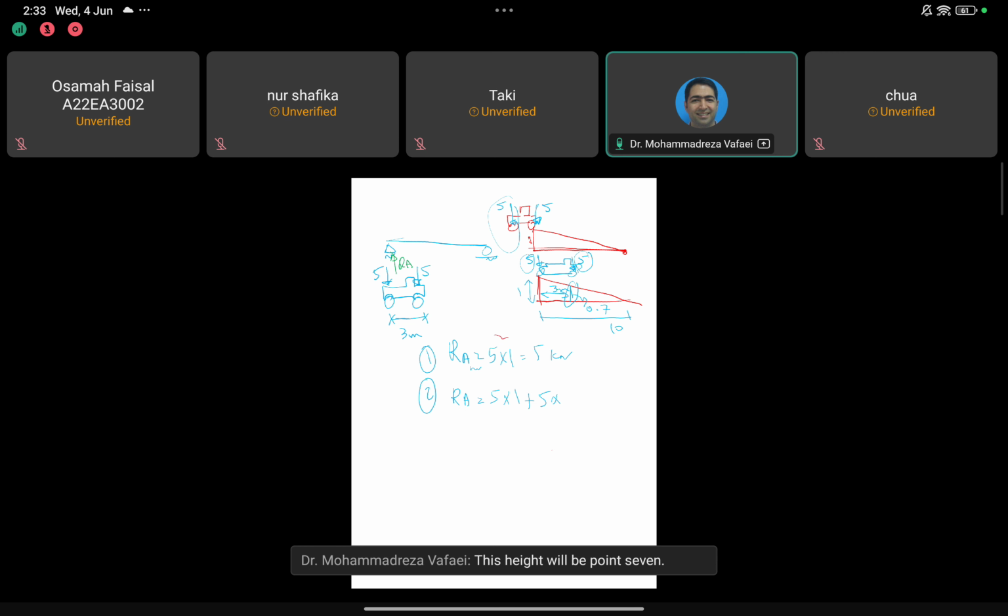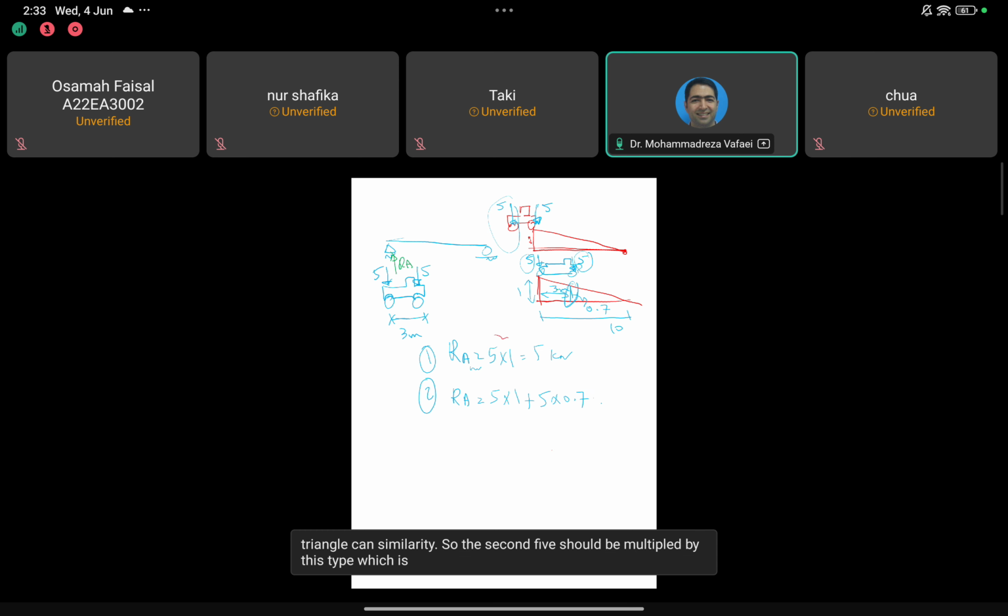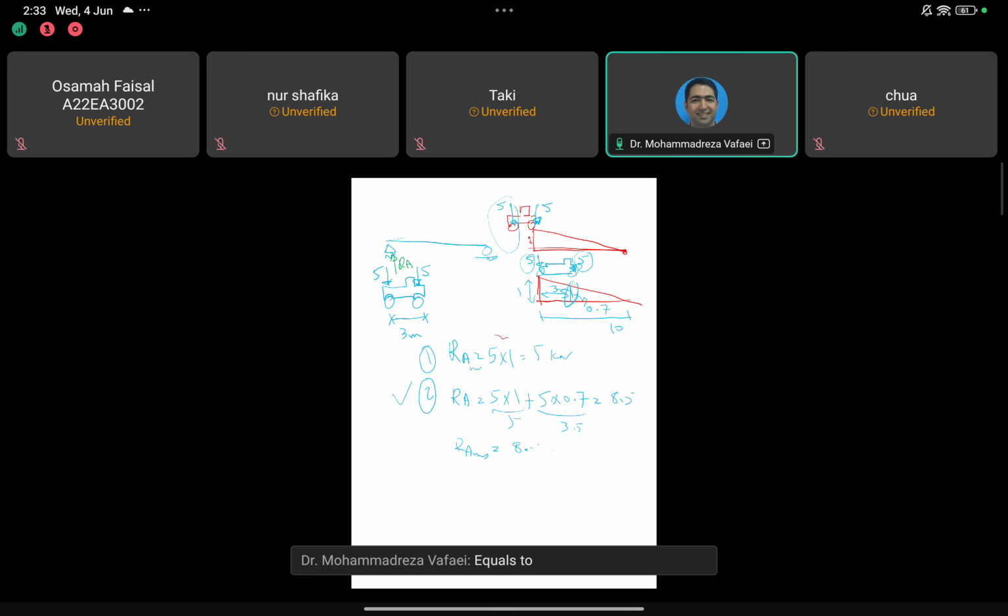After 3 meters, you go based on the triangle similarity. So the second 5 should be multiplied by this height, which is 0.7. So this gives you 5 plus 3.5, which is 8.5. So you can see this scenario is more critical, and the maximum RA equals 8.5.